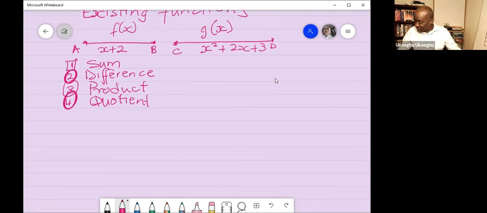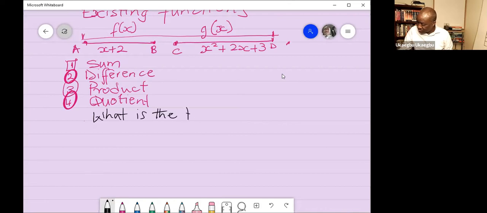Somebody can ask, what is the total length from A to D, considering what we just have right now? So if somebody asks you, what is the total length of the line segment, this is the length of the two line segments.